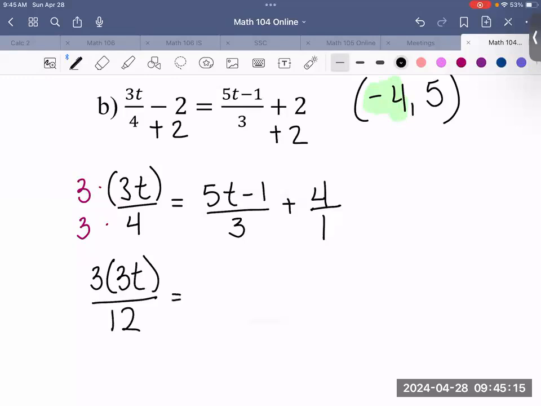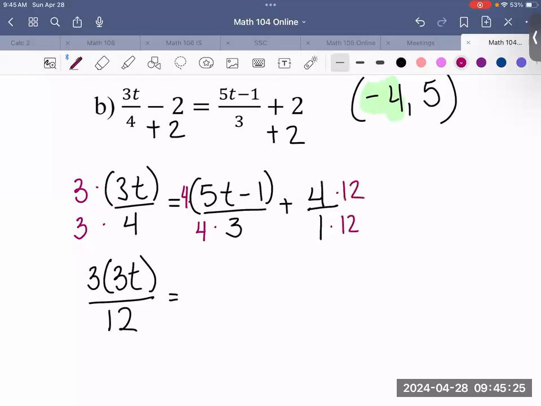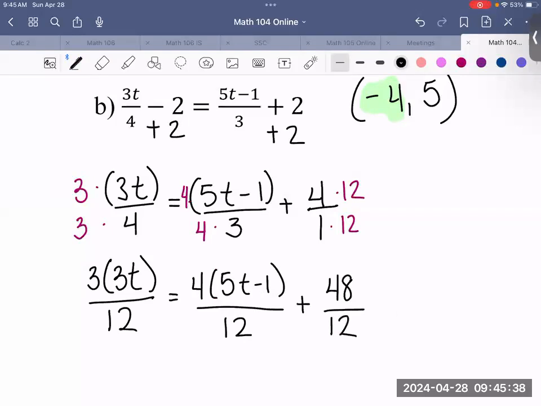I'm going to do it again to my other terms. I'm going to be multiplying this 3 by 4 and this 1 by 12. So you have 4 times 5t minus 1 over 12 plus, let's see, that is 48 over 12.